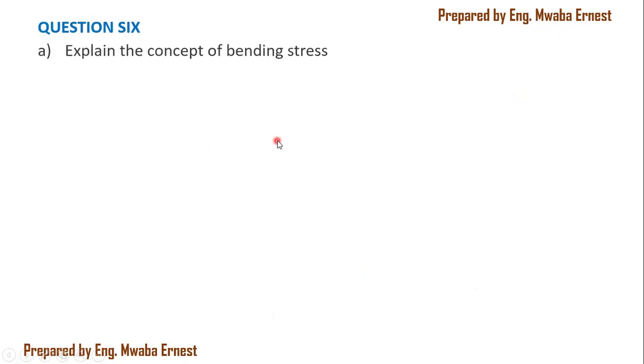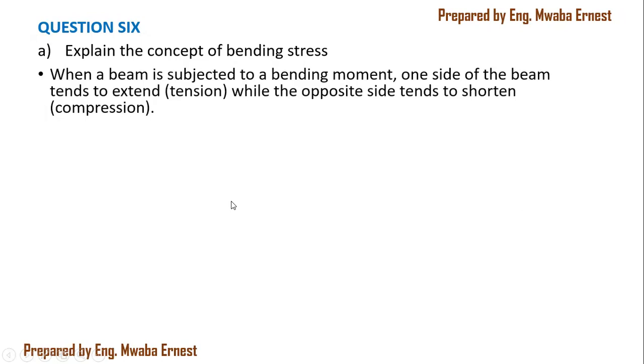Okay, so now let's make progress. Question number 6. Explain the concept of bending stress. When they're asking for the explanation of this concept, this is where we clearly explain the transition between the tensile stress, material under tension, and material under compression, and the material in between on the neutral axis that is not subjected to either of the two.